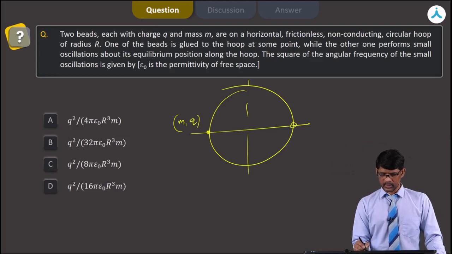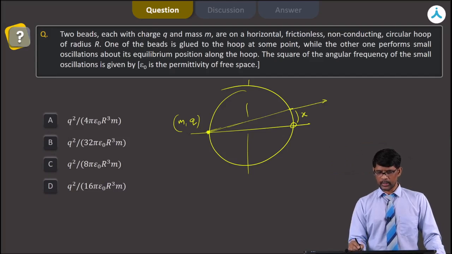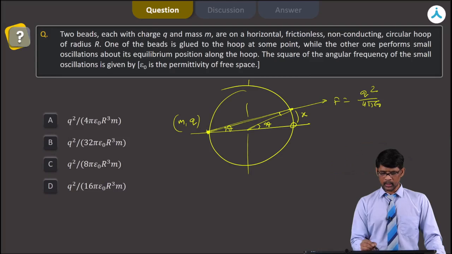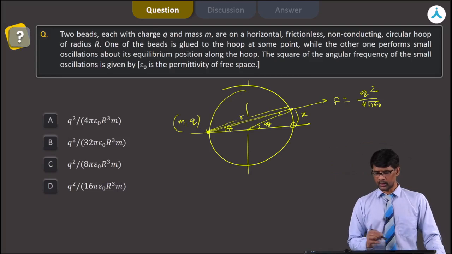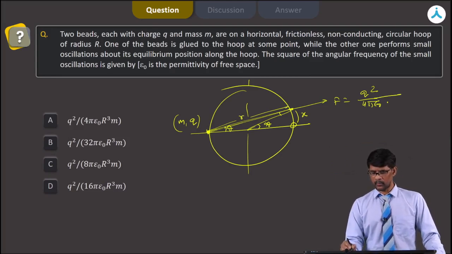Let's say it shifts by a distance of x along this direction, then the force due to this charge will be acting in this particular way, and we can write this force as q square divided by 4 pi epsilon naught r square, where this distance here to here, if I say this angle to be theta, this angle to be 2 theta, this one will also be theta, then this r from here to here will become 2r cos of theta. So r square will have the value of 4r square cos square theta.